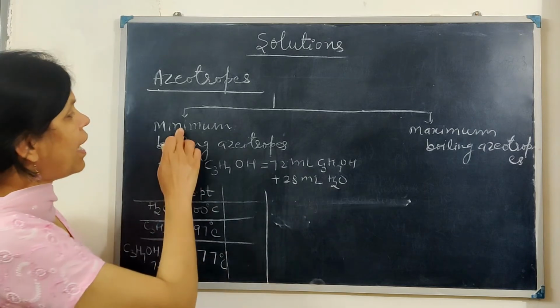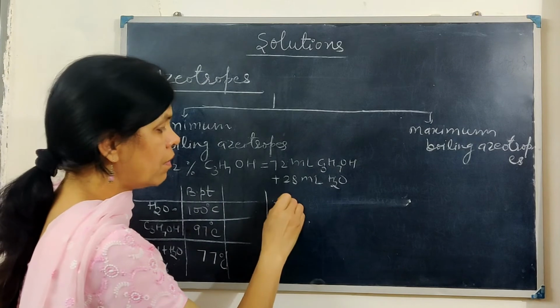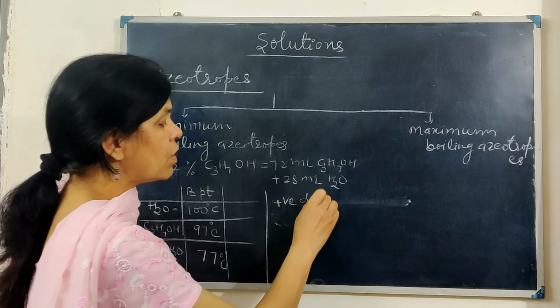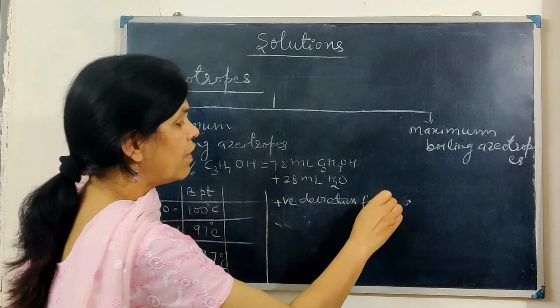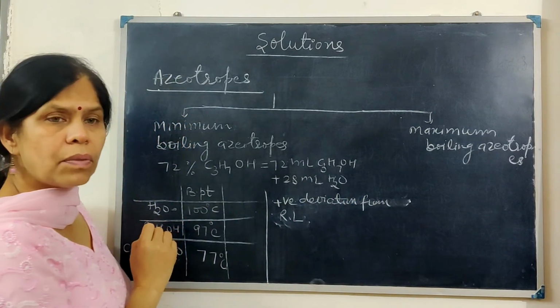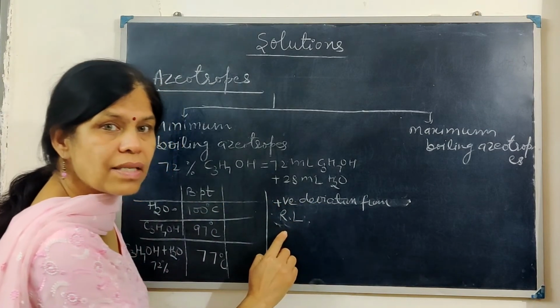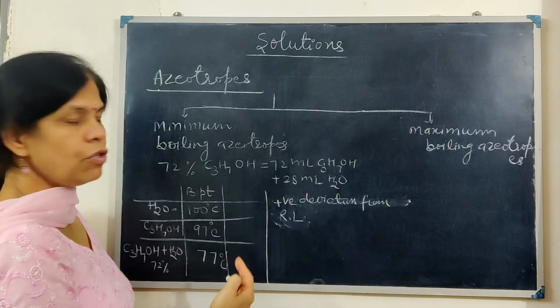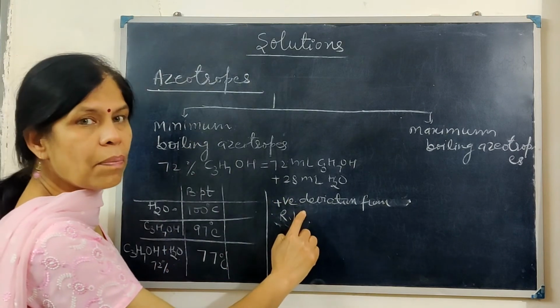Which solutions will act as minimum boiling azeotrope? All those solutions which show positive deviation from Raoult's law. How is it possible? Who shows positive deviation from the Raoult's law? Which has more vapor pressure than the usual one. Whereas this is about the boiling point, this is about vapor pressure.